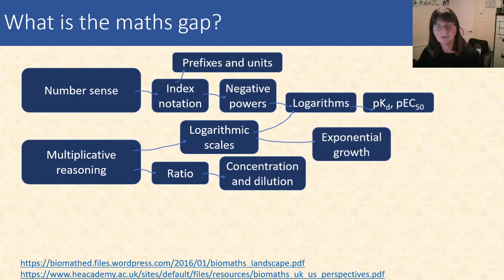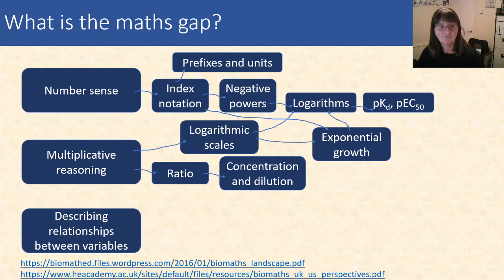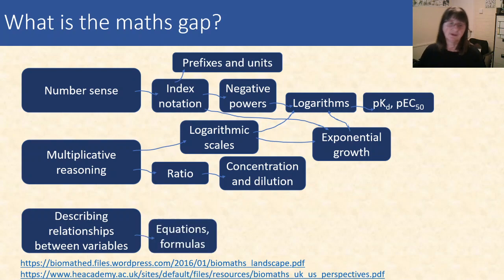And exponential growth. The ideas of exponential growth really are not covered particularly well, even in the science curriculum. And then finally, if we're looking at formulas and equations, if you take the average university with the average biological sciences degree course and the average student, the likelihood is that they are not able to rearrange equations.